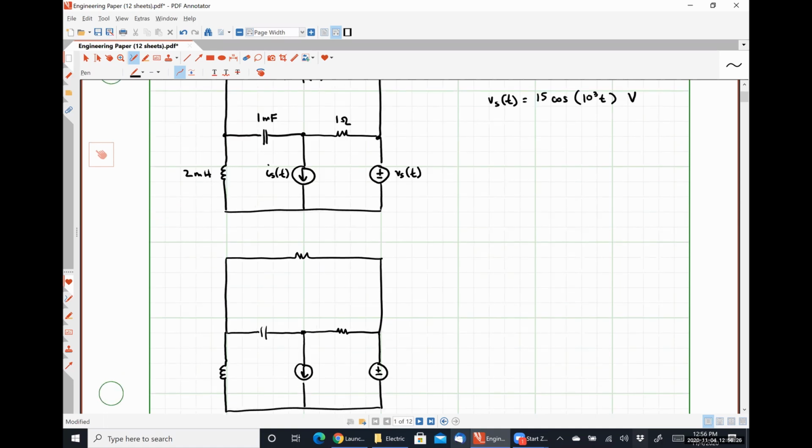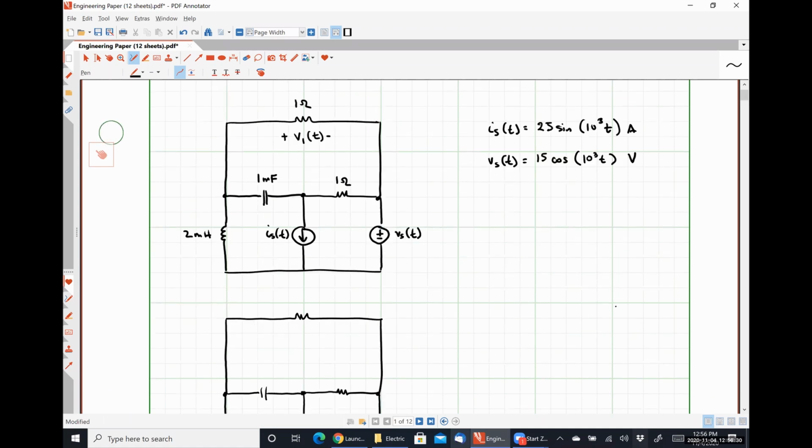Alrighty, so let's look at our current source.